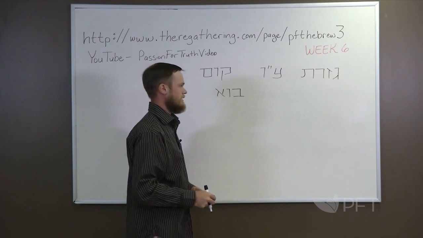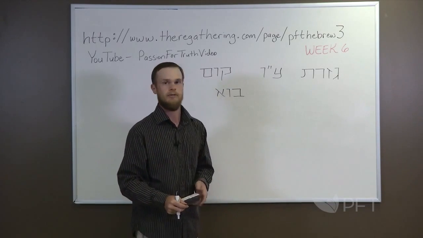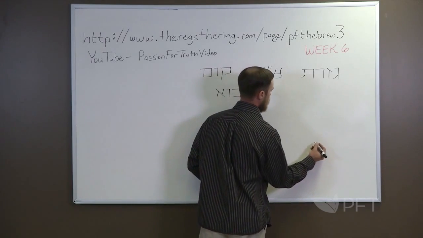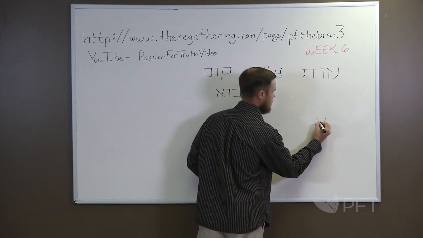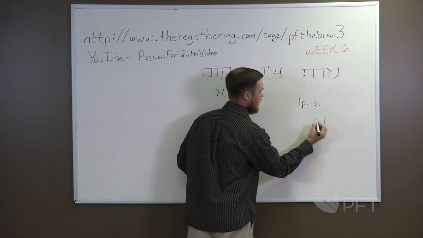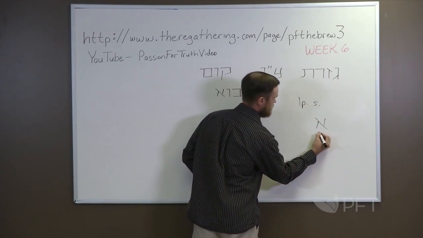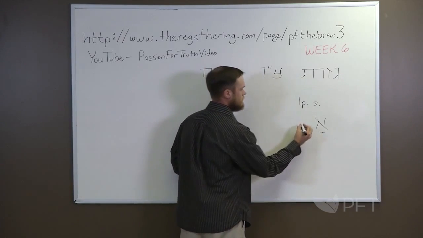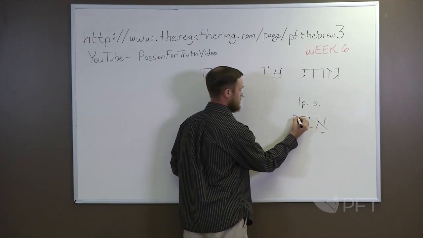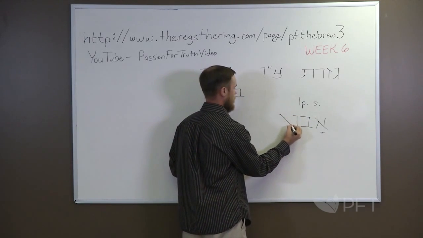Except in the future tense, there is actually a vowel change. My mistake. So again, using the first person singular, we've got our aleph prefix, first radical bet, our vav returns, and our third radical is an aleph.